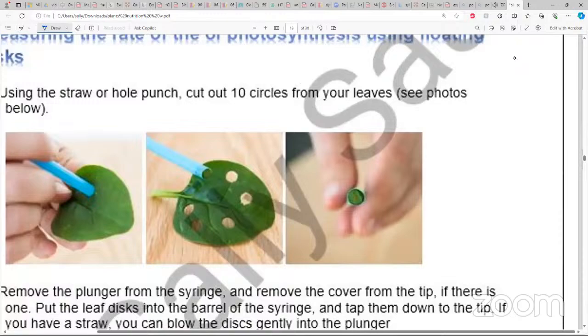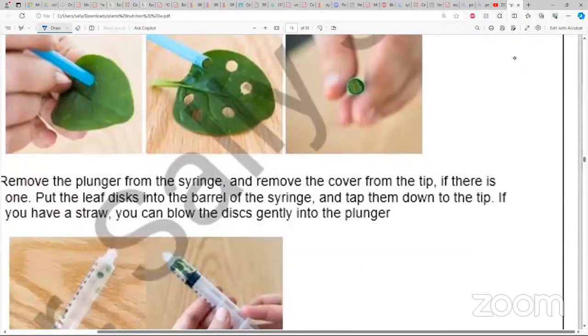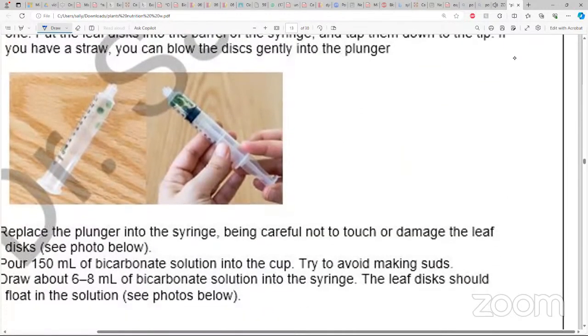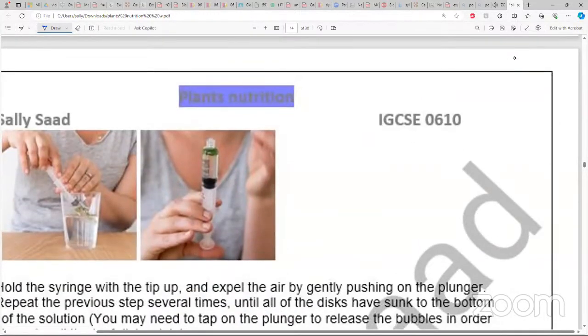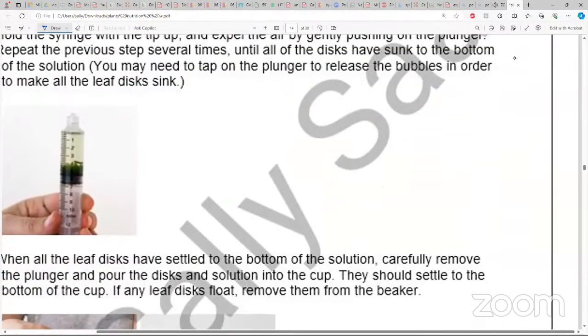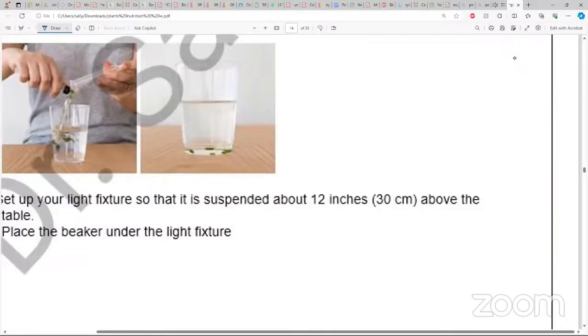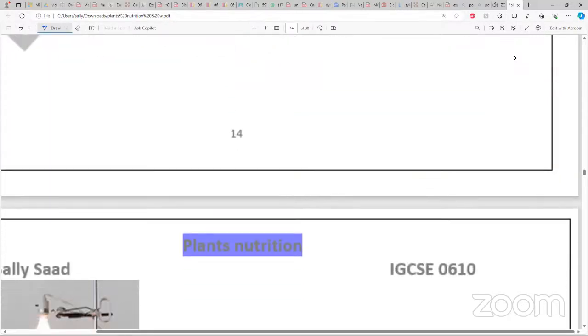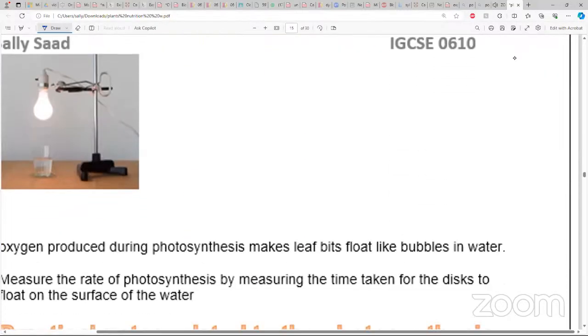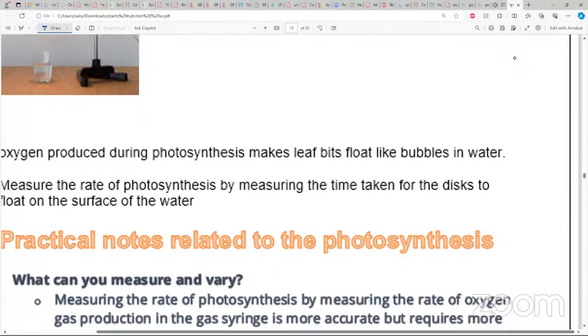Okay. Another method here: we can take discs from the plant and put them here, and we'll try to adjust the leaf to be found at the bottom of the cup like that. No need to raise the stem and put a lamp. So this leaf disc will do photosynthesis. When the oxygen is formed due to photosynthesis, this bubble of oxygen will make the leaf float up.